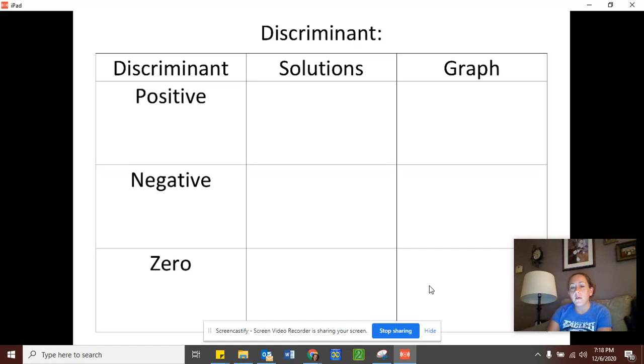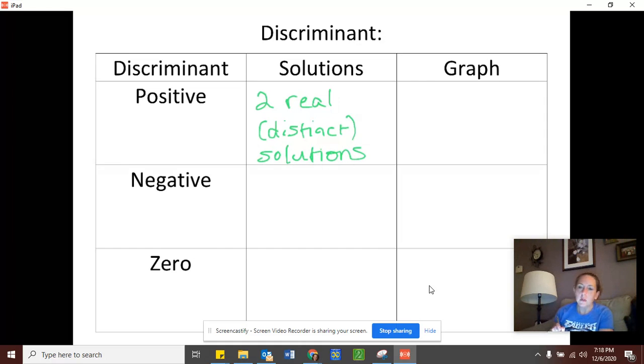If you have a positive discriminant, that means you have two real and distinct, or different, solutions. Those solutions can either be rational or irrational, depending on whether or not the discriminant is a perfect square. But if it's positive, it will always be two real solutions.